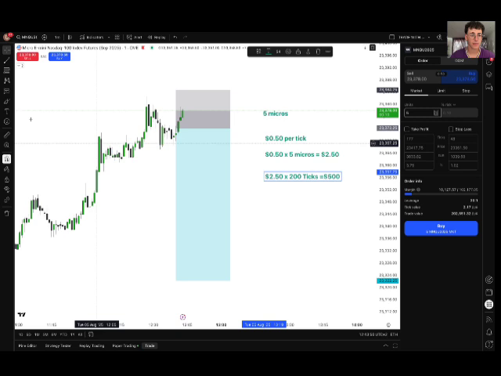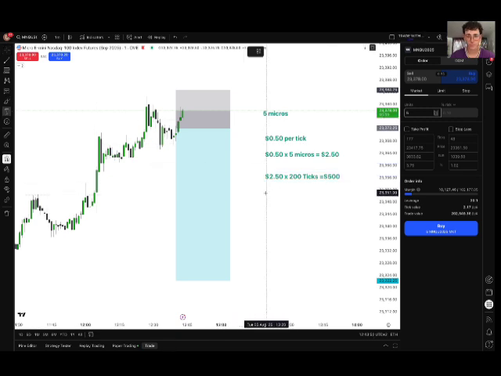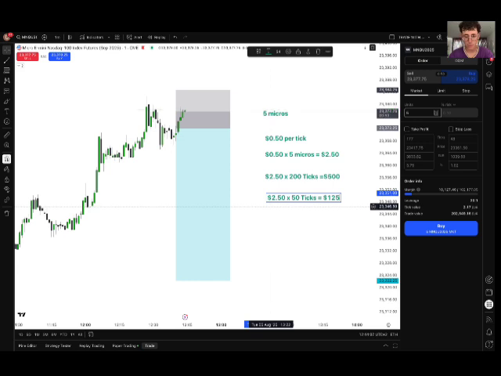To calculate how much money you're risking, you have to do 2.50 times 50 ticks, which equals $125.